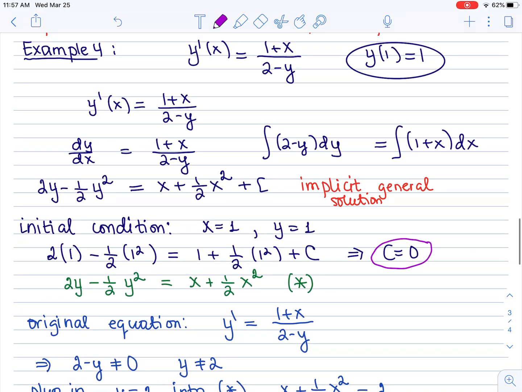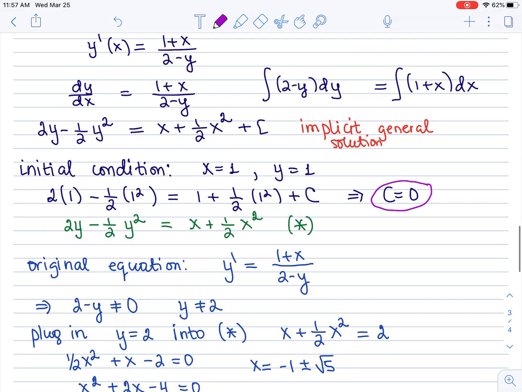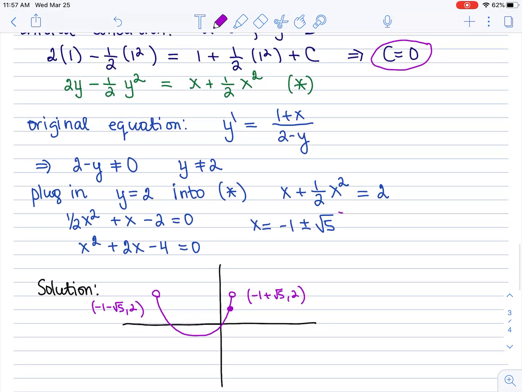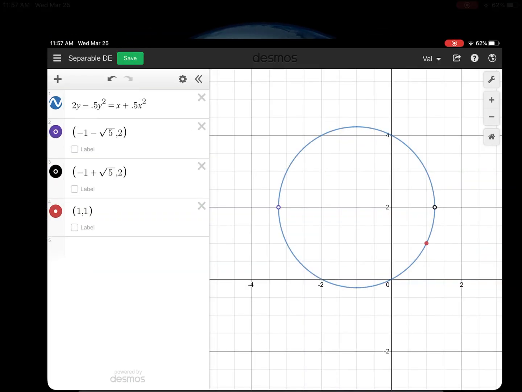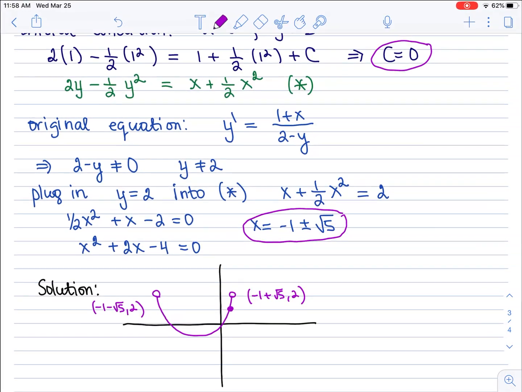Then we go back and say, wait a minute, we have a discontinuity at y is equal to 2, which means we need to exclude some points from the solution. So we find them algebraically. Then you take a look at the graph and see what my initial condition is, 1, 1. So this is the part of the circle that we will take as our solution. So that's your one example.